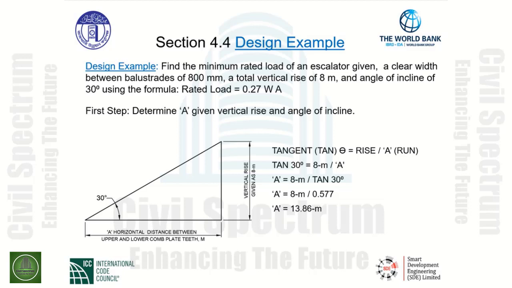We will use the tangent of 30 degrees equaling 8 meters divided by A. What we are doing here is taking the tangent of 30 degrees and setting that equal to the rise divided by the run, which we've indicated as the variable A. We can rewrite the equation, solving for A, the horizontal distance, equal to 8 meters divided by the tangent of 30 degrees, our angle of incline.